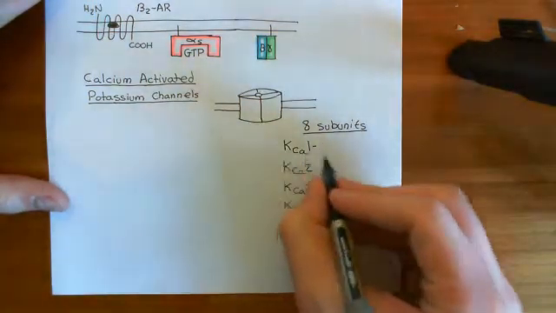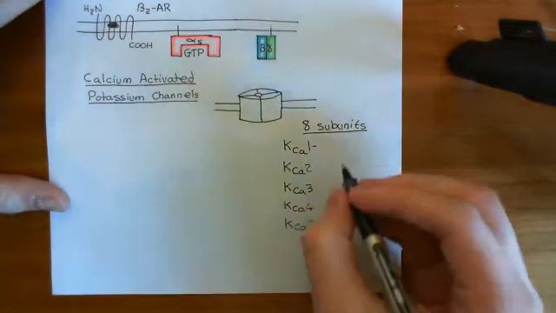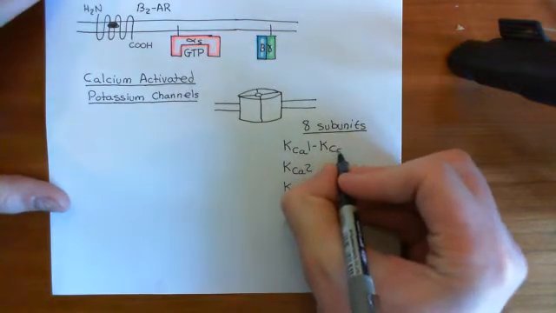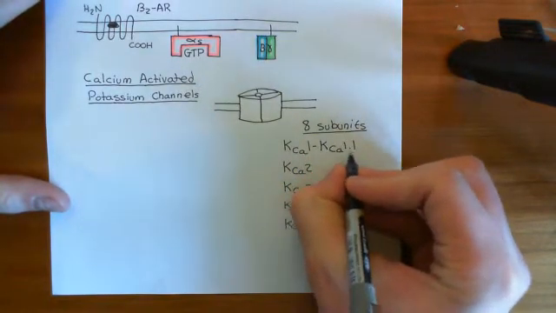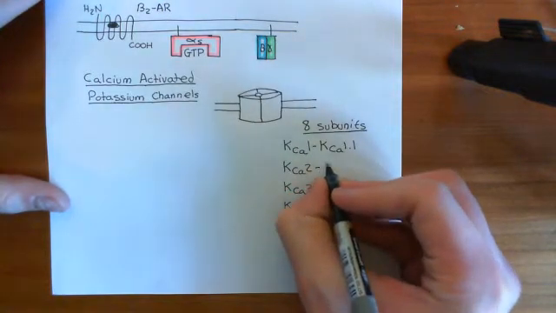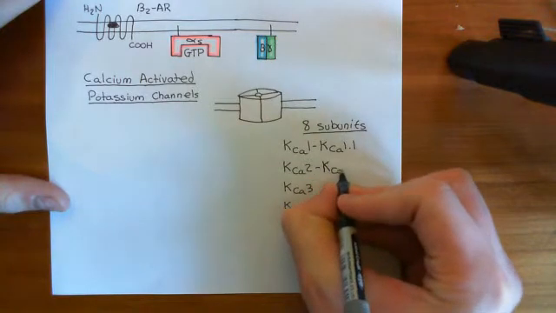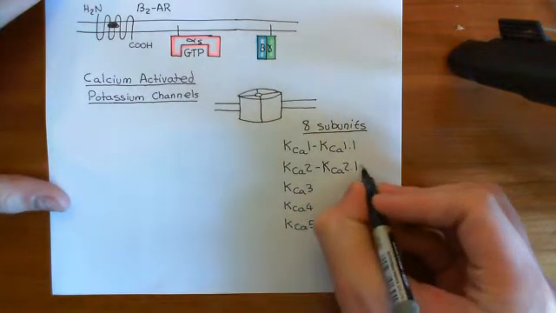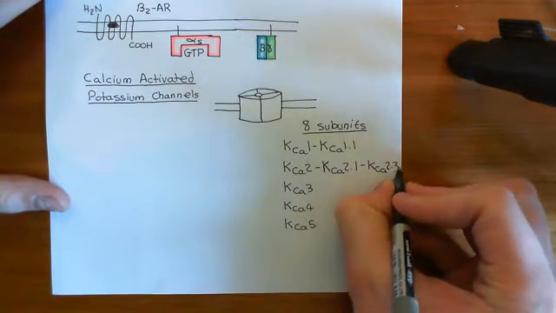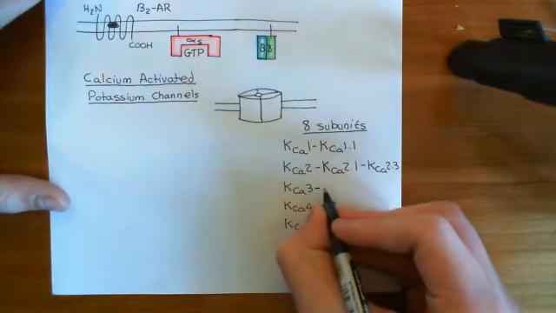So let's look at the subunits which are grouped into each of these families. In the KCA1 family, there is the KCA 1.1 subunit. In the KCA2 family, there are 3 subunits: KCA 2.1, KCA 2.2, and KCA 2.3.